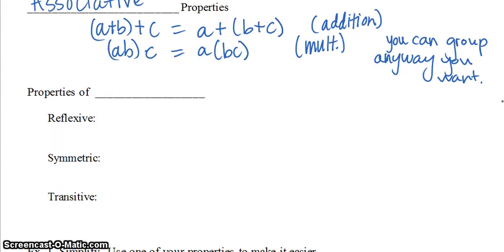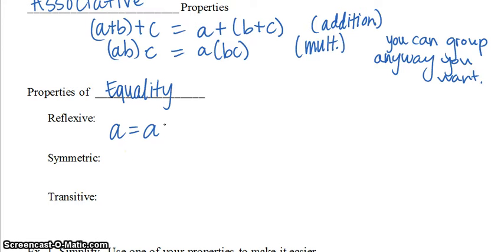Okay, properties of equality. So we have some properties of equality: reflexive, symmetric, and transitive. So, reflexive is basically saying A equals A. It's a reflection. It's the exact same thing. 3 equals 3. 2 equals 2. Simple enough.